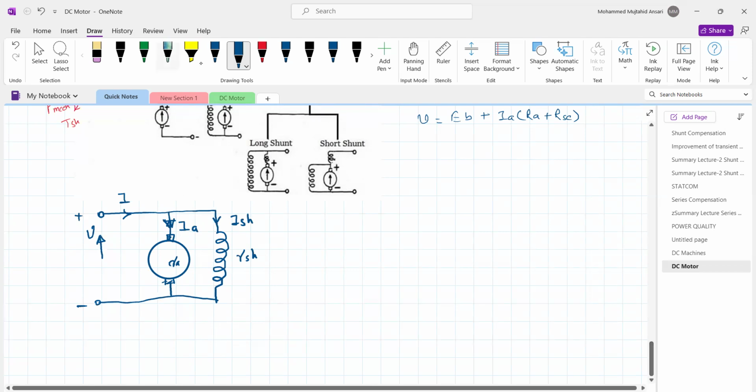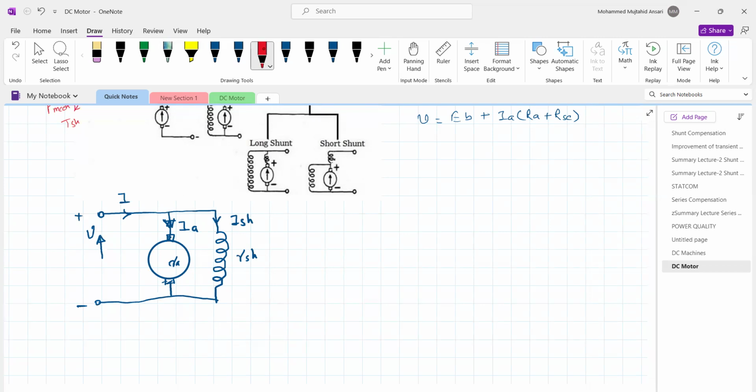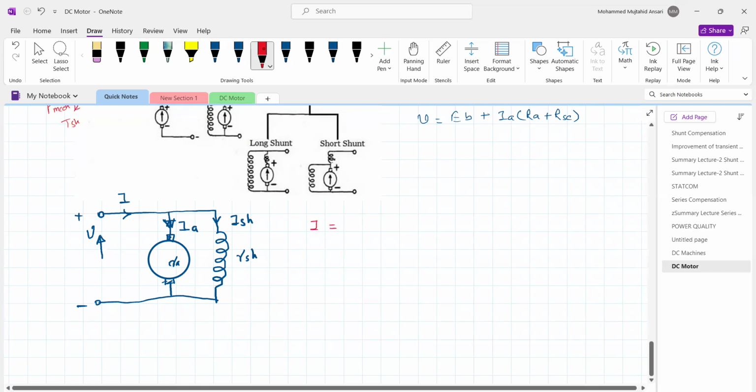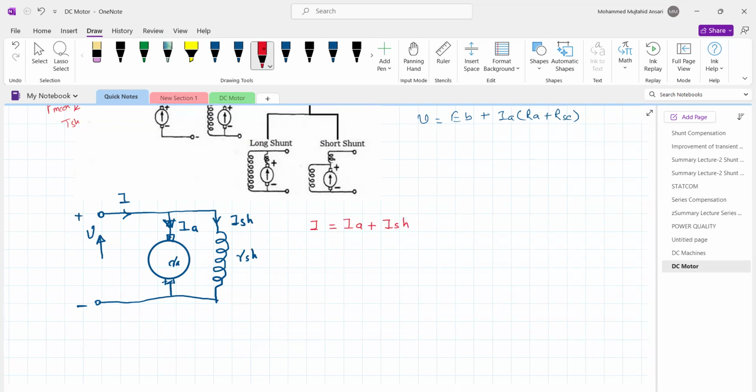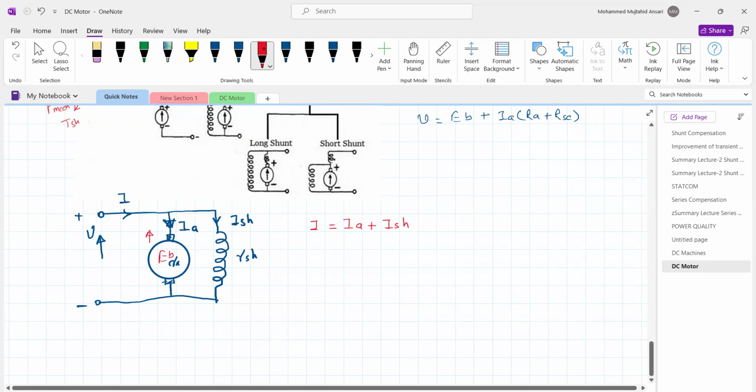So from this, the total current I is equal to IA plus ISH. The armature now produces an EMF called back EMF, whose direction is opposite to the supply voltage.